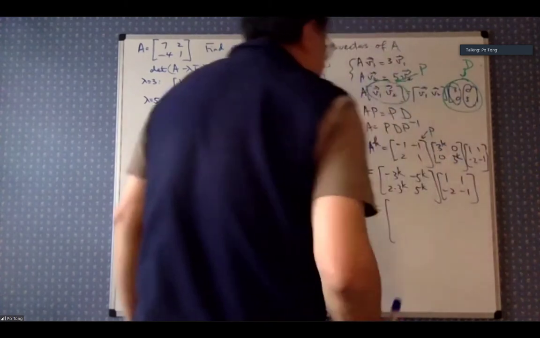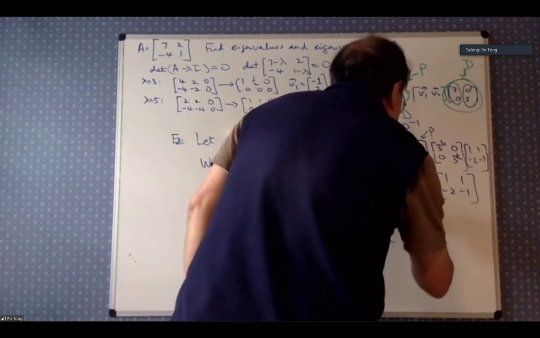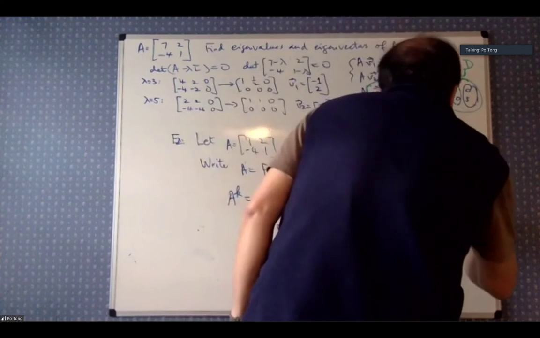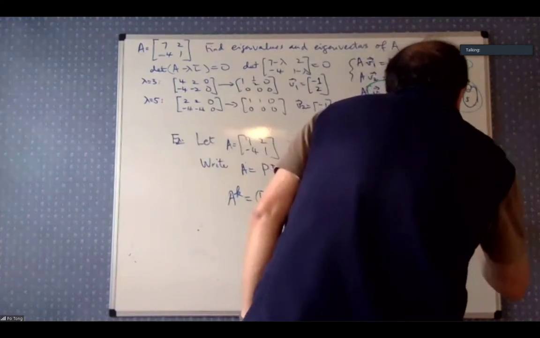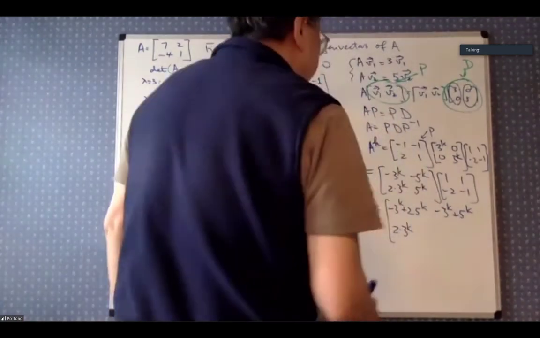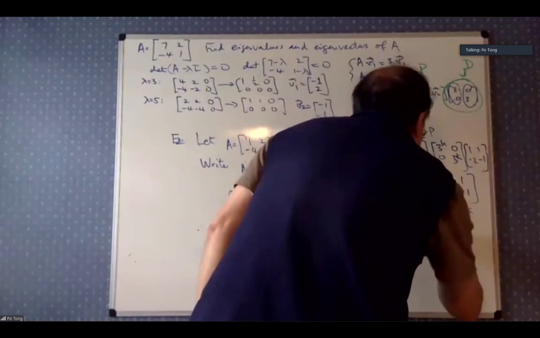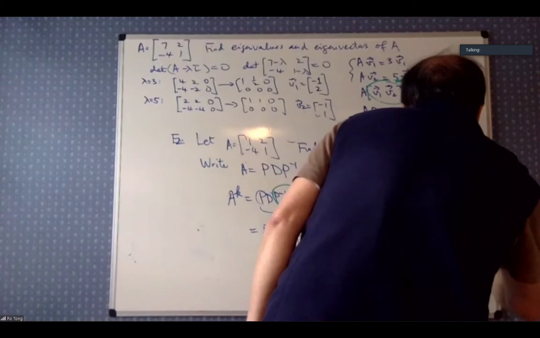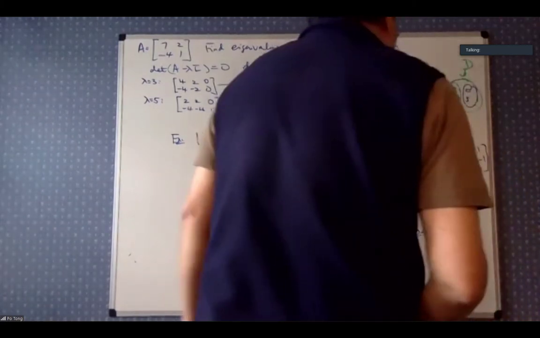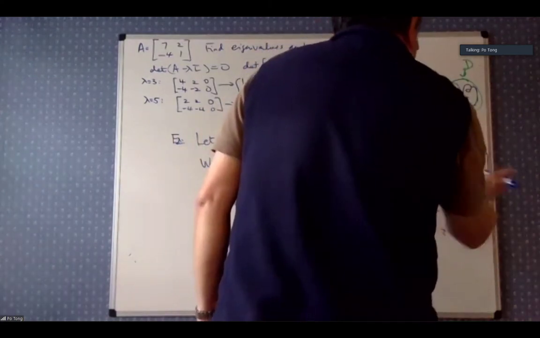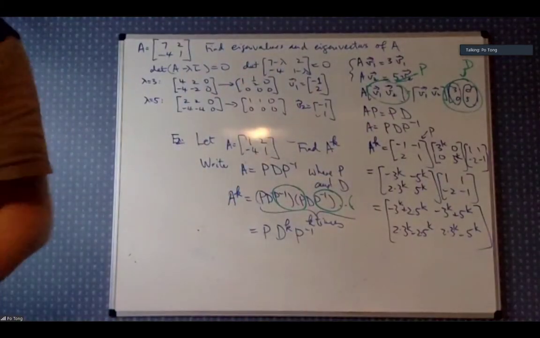So it will be minus 3 to the power k plus 2 times 5 to the power k, minus 3 to the power k plus 5 to the power k, 2 times 3 to the power k minus 2 times 5 to the power k, 2 times 3 to the power k minus 5 to the power k. Yeah, this is correct. Okay, that's my answer, if I did not make any mistake.